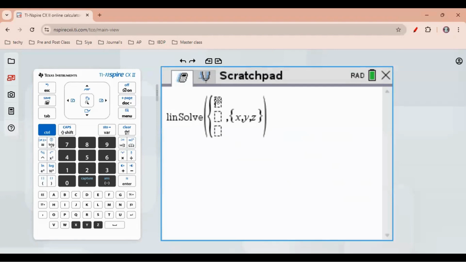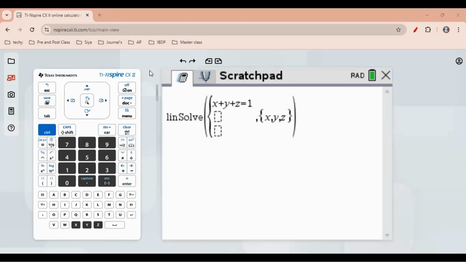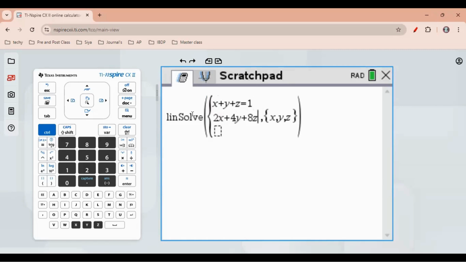First one is very simple, a1 plus a2 plus a3 equals 1, which is x plus y plus z equals 1. So next equation is 2a1 plus 4a2 plus 8a3. So that is 2x plus 4y plus 8z equals 5.